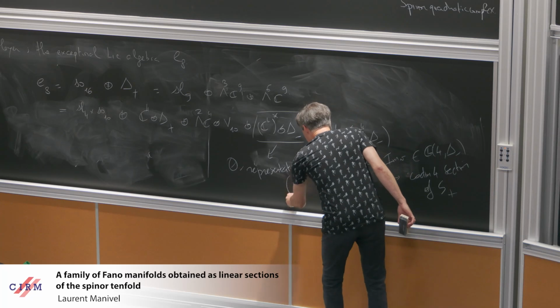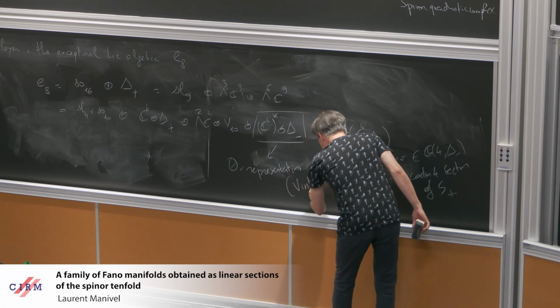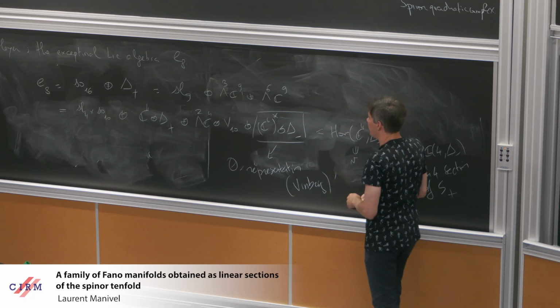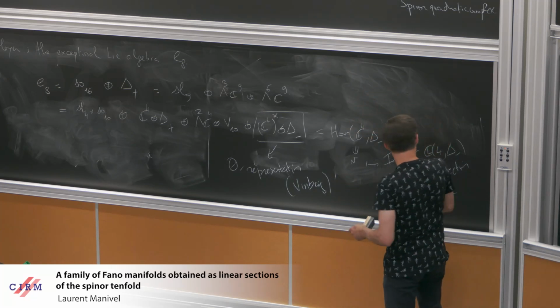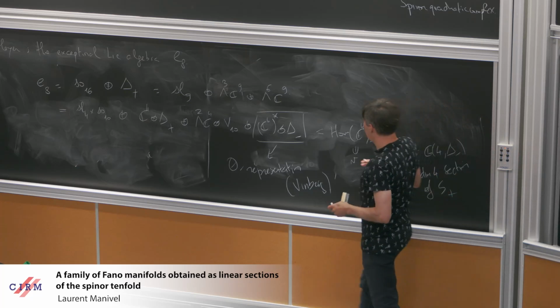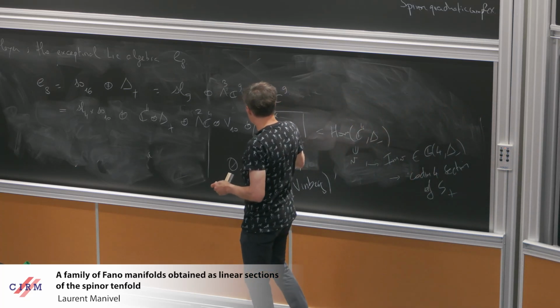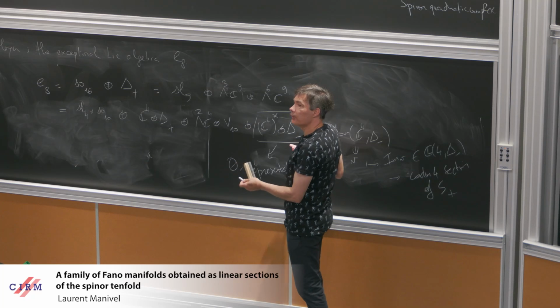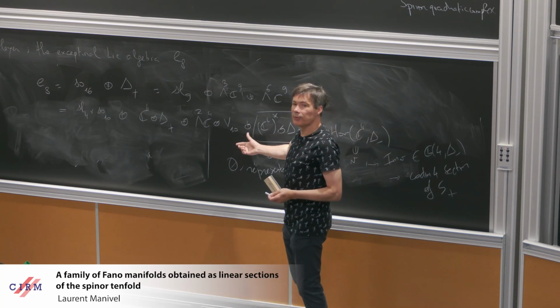So there is a very nice theory due to Vinberg and many other, mainly Russian mathematicians, where they studied this kind of representations which appear in Z_m gradings of simple Lie algebras.